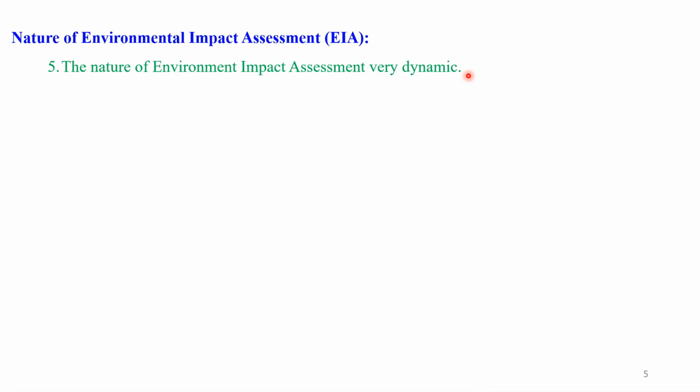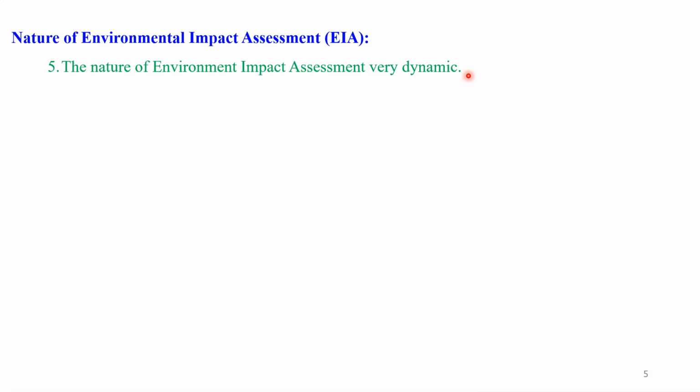For that purpose, we use various techniques, even remote sensing data, computers and various software, which were not used in the early period of the environmental impact process. I am talking about the late 19th century or the beginning of the 20th century.